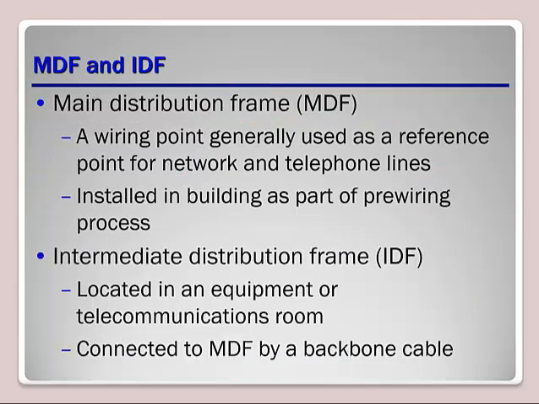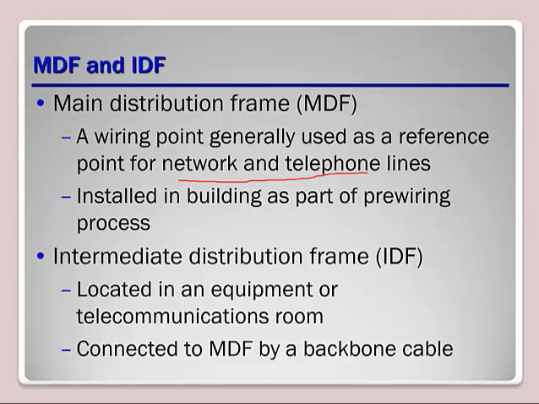So I'm going to talk about the MDFs and the IDFs. The main distribution frame is a wiring point generally used as a reference point for network and telephone lines, installed in a building as part of a pre-wiring process. This is completely accurate: when a building's being built, they will build a closet that is just for wiring.